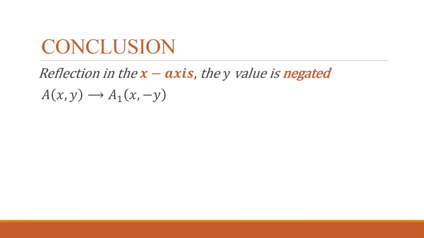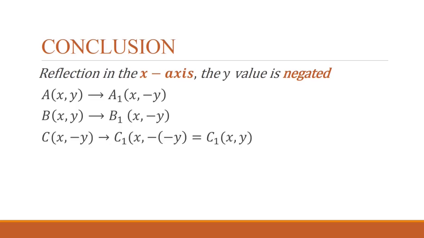And so, for instance, if I have a point A, which is (x, y), its image, which is point A1, becomes (x, -y), so the y has been negated. If I have another point, point B, which is the same (x, y), its image point B1 will also become (x, -y).